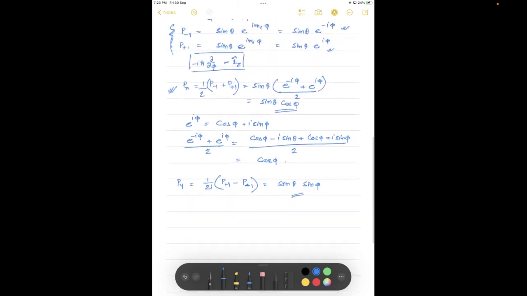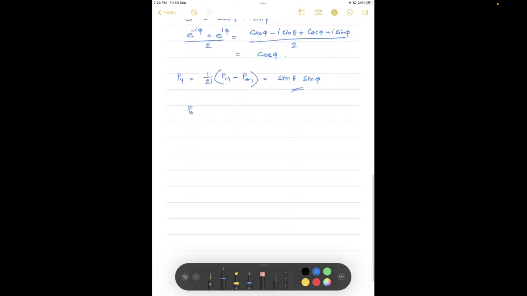Now p0, p minus 1 or p plus 1 has the form of just e to the power i ml phi, the phi part. I am just writing the phi part here. By looking at the phi part, you can tell the value of ml. For the p0 case, there will be no phi part because ml equals 0. For the p minus 1 case, it will be e to the power minus i phi, and for the p plus 1 case, it will be e to the power i phi.